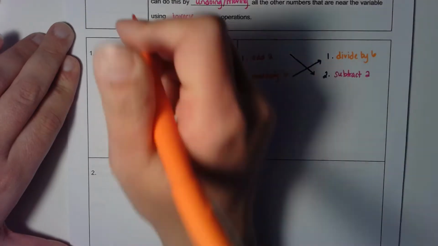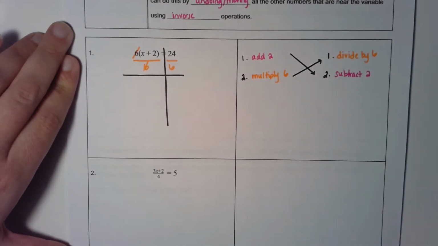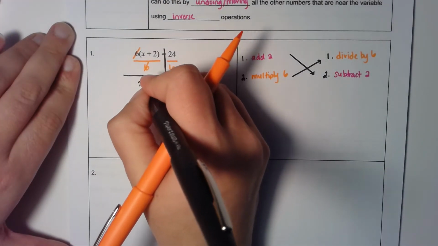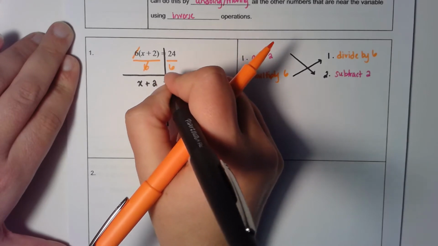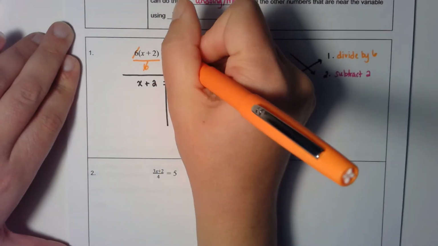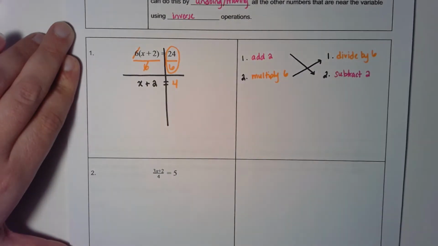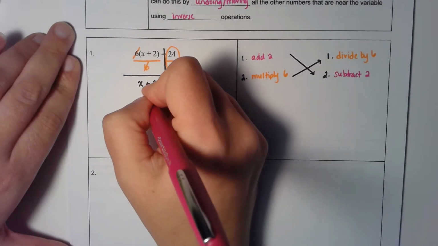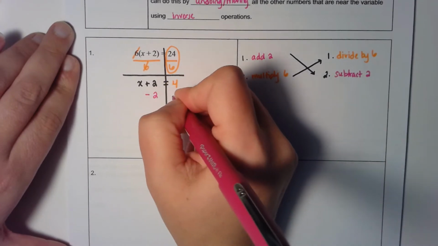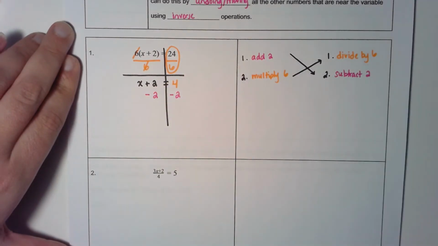When I divide by 6 on the left side, the 6's cancel. So all that's left is the x plus 2. On the right side, 24 divided by 6 gives me positive 4. Then I'm going to subtract 2 because the opposite of plus would be minus.